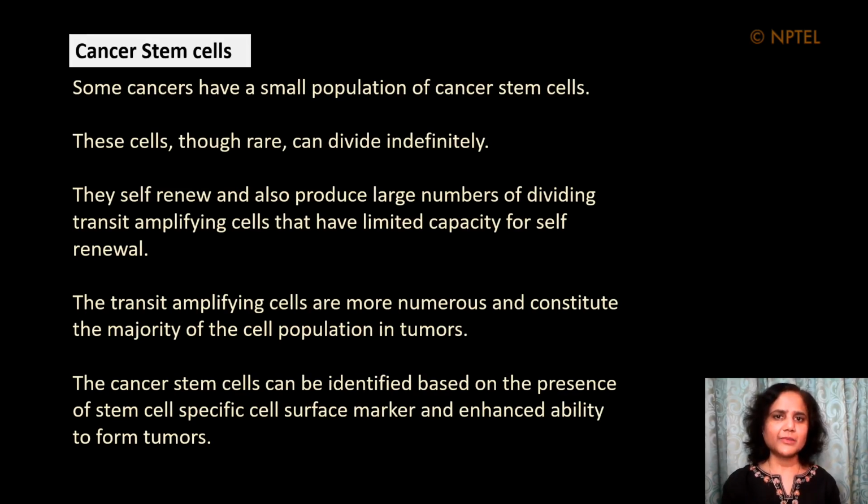The transit amplifying cells are, of course, much more numerous, and they constitute the majority of the cell population in tumors. So the cancer stem cells are rare, and they are hard to find. However, the cancer stem cells can be identified based on the presence of stem cell specific cell surface markers and also their enhanced ability to form tumors.